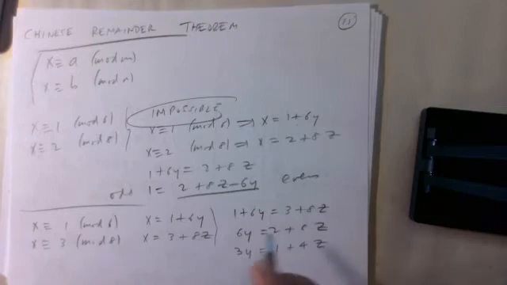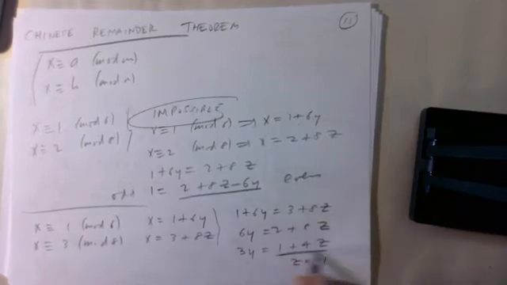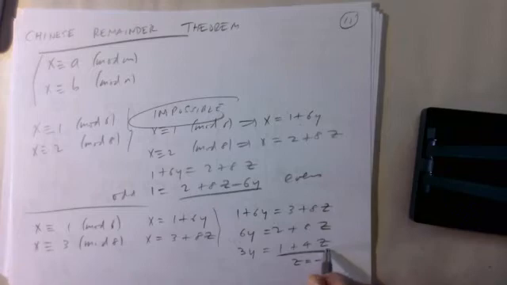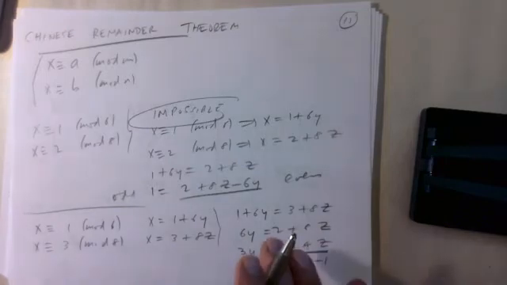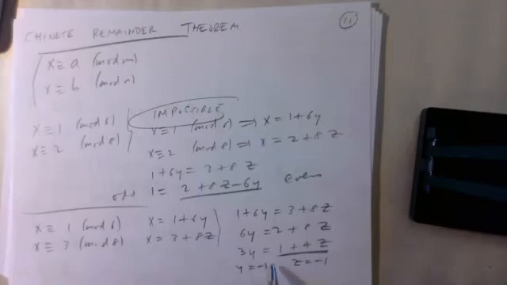I guess if I took z equal to minus 1, this would be minus 3. And if I let y equal minus 1, this would be minus 3. So that would be a solution when y is -1 and z is -1.